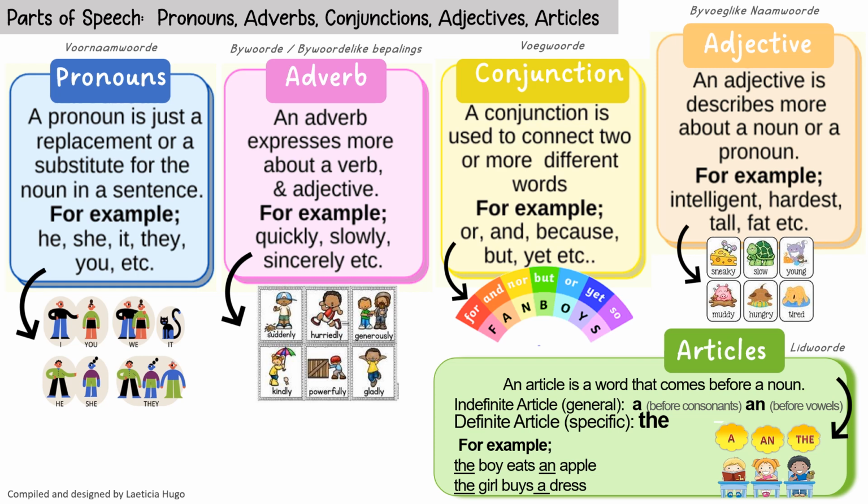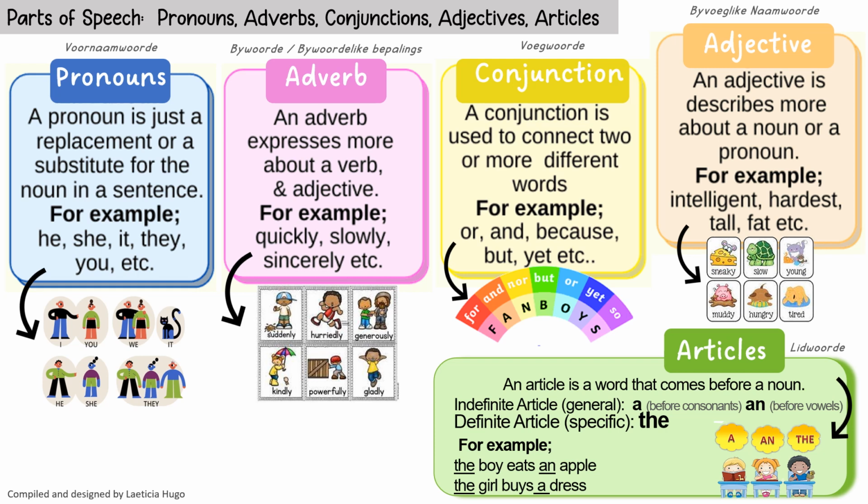The little purple block, it's adverb. So adverb in Afrikaans is bywoorde or bywoordelike bepalings. An adverb expresses more about a verb or adjective. For example, quickly, slowly, sincerely, sleepy, those kind of words.